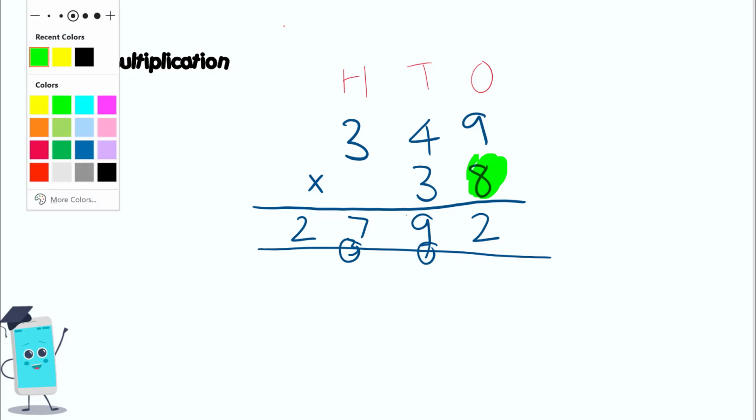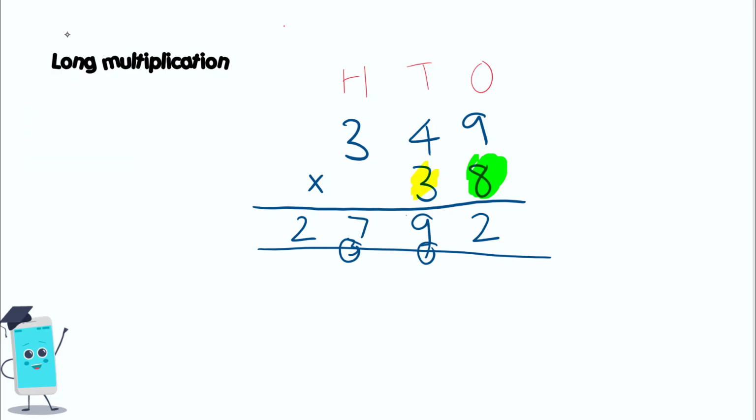So I'm now going to move on to the 30. So I start by putting a placeholder in. Okay, so now automatically when I do 9 times 3, which is 27, it's become 270 because I put my placeholder in there. So what I quite like to do as well is just tick off when I've used each digit.